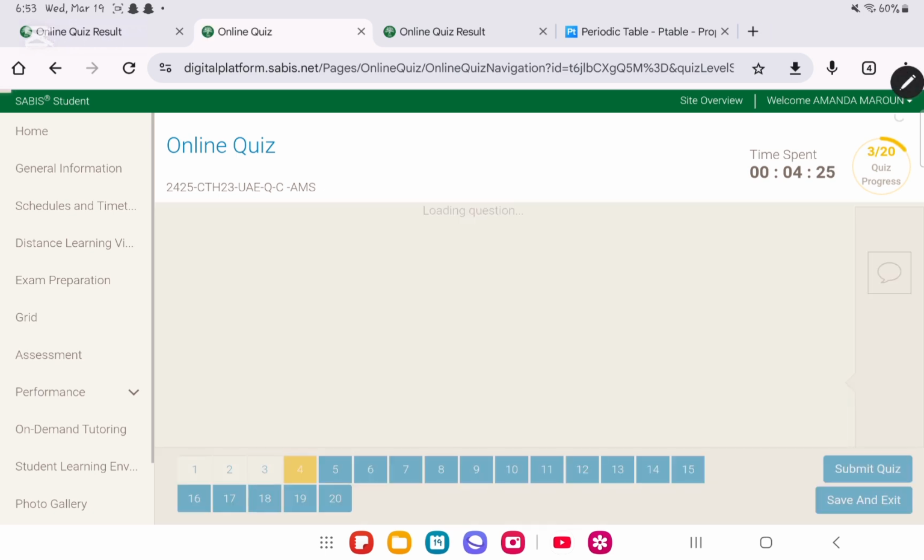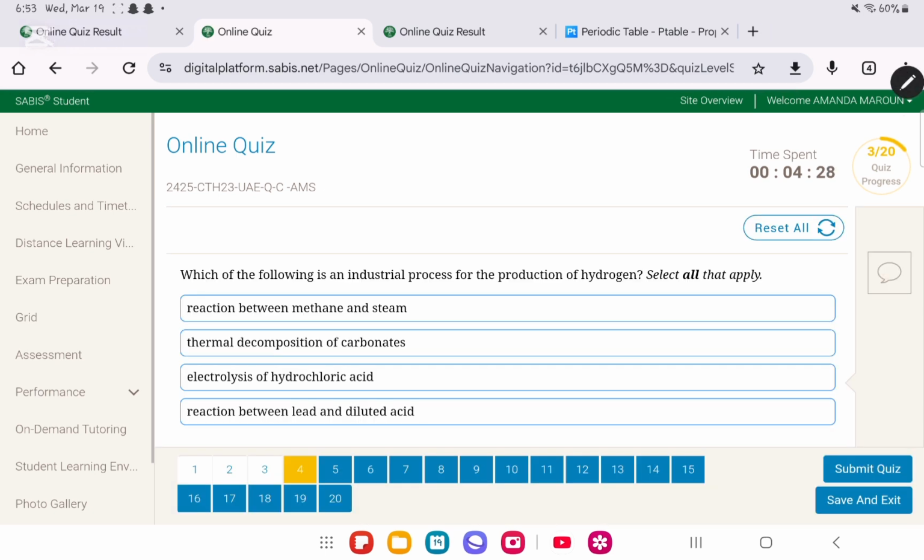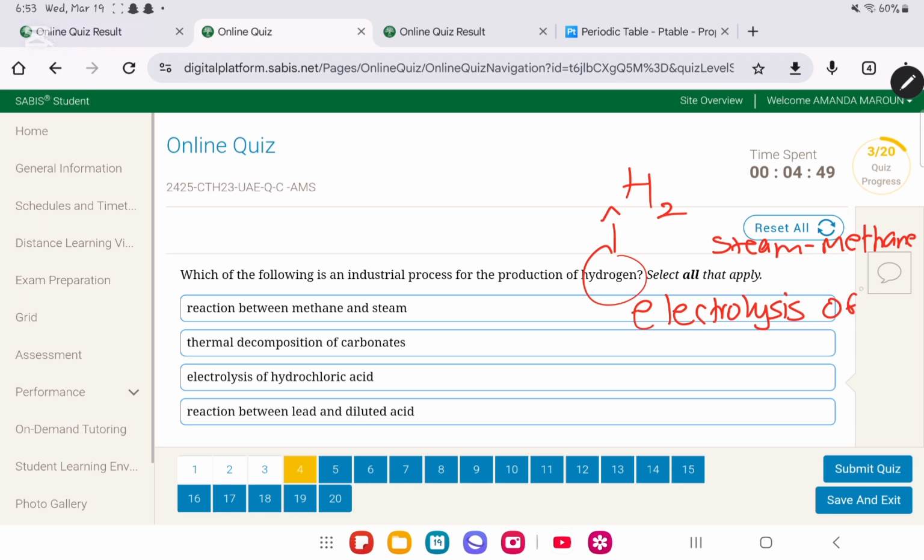We move on to question number 4. Which of the following is an industrial process for the production of hydrogen? You should know that for the production of H2, we have 2 methods. The first method is the steam methane method, or the methane steam, either is the same. And then the second method is the electrolysis of HCl or acids.